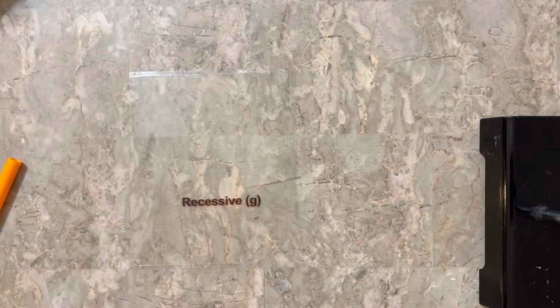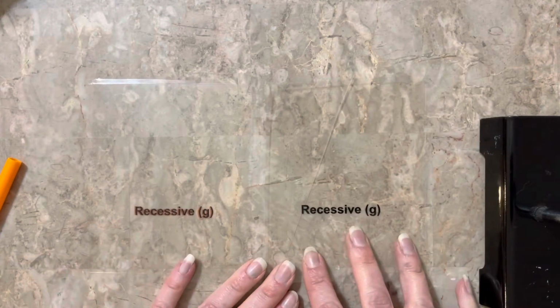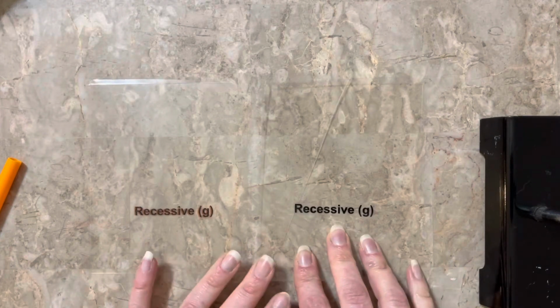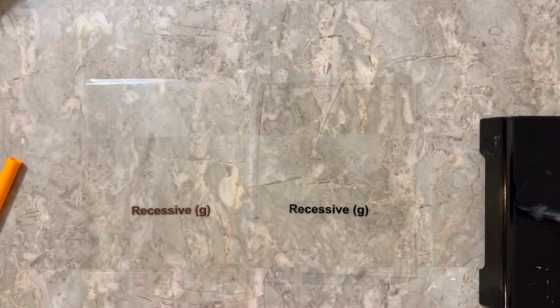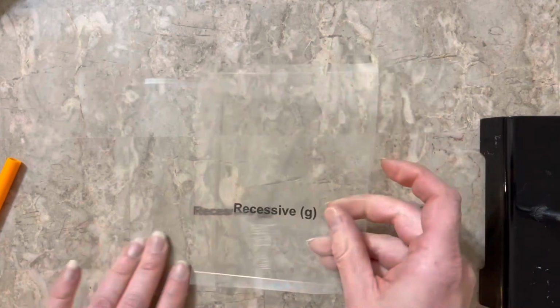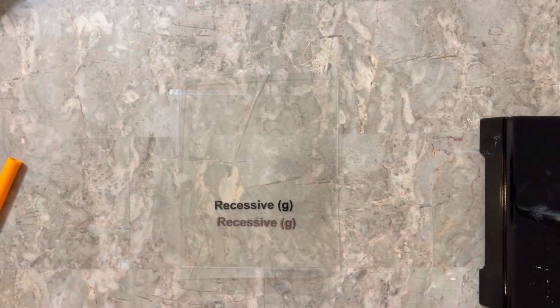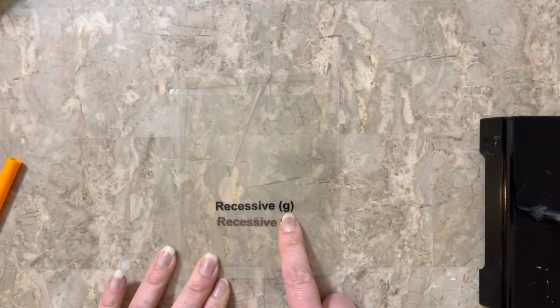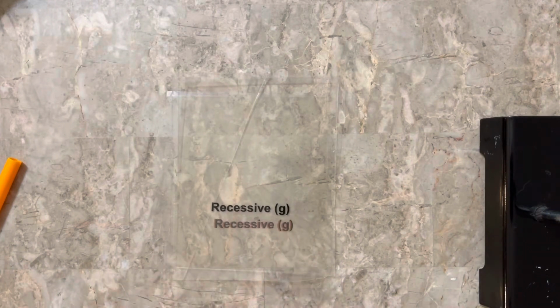So if this parent had a second allele that coded for this recessive trait, and we put them together, what is the genotype of this parent? Little g, little g. What is the phenotype of this parent?